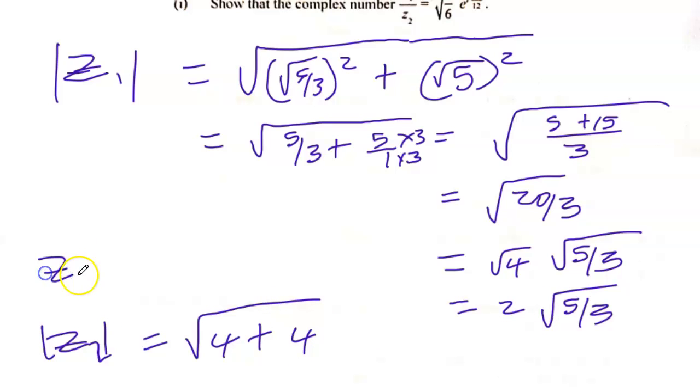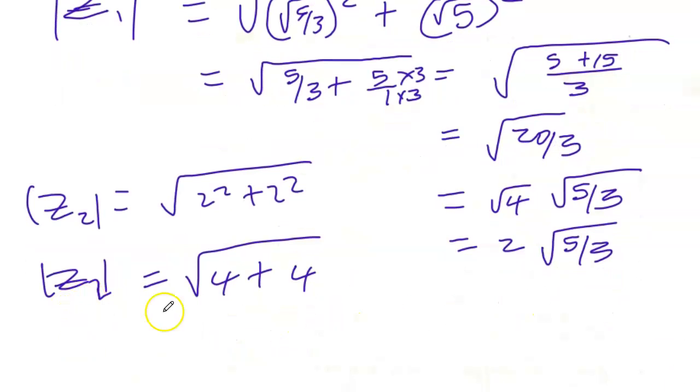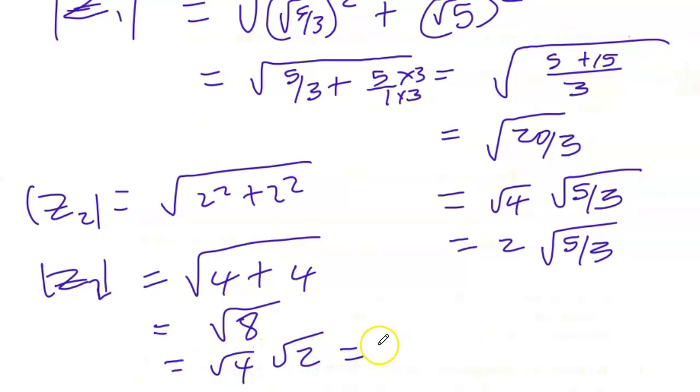So let's take an extra step here. The modulus of z2 is the square root of 2 squared plus 2 squared, so we end up with root 8. So the modulus of z2 is root 8, and we can rewrite root 8 as root 4 times root 2, which is equal to 2 root 2.